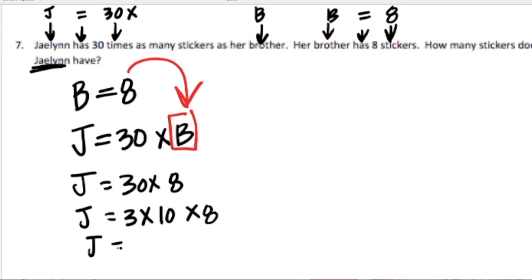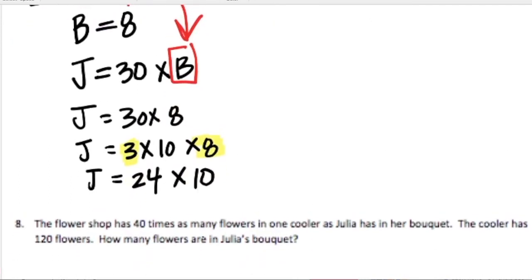So in order to get Jalen, I'm just going to do 3 times 8 and then multiply that times 10. 3 times 8 is 24, I think. 24 times 10 is 24 tens. And that equals 240.